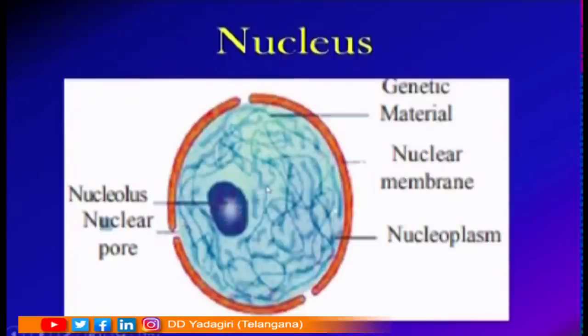The main function of the nucleus is that it transmits characteristics to the next generation. The nucleus was discovered by Robert Brown in the year 1831. The nucleus is also called the control room of the cell as it controls the functions of the cell.